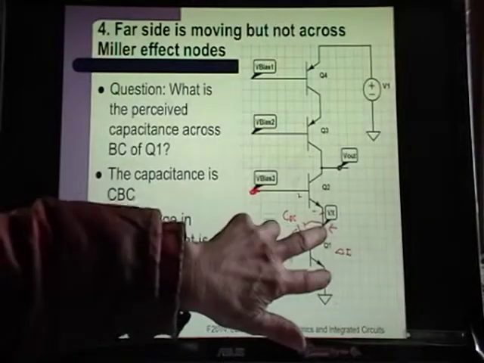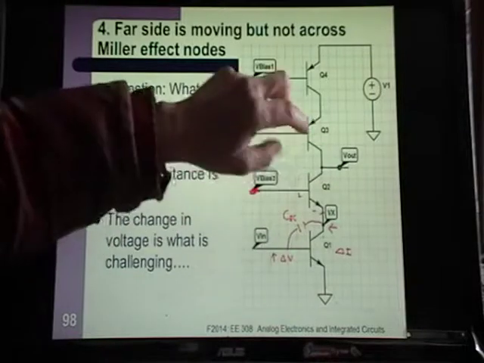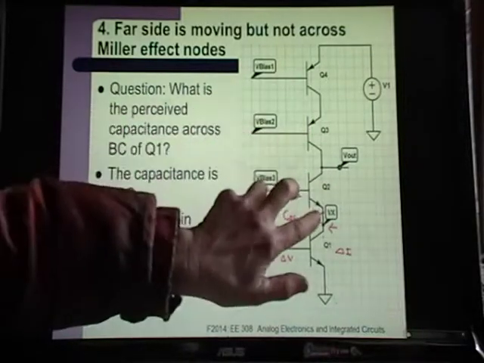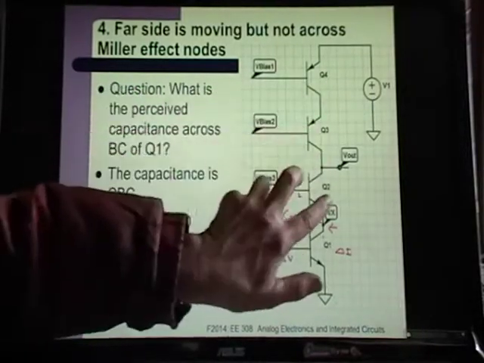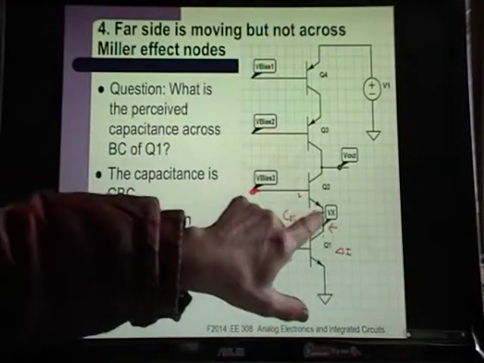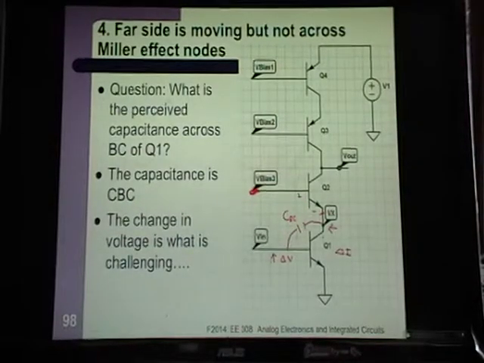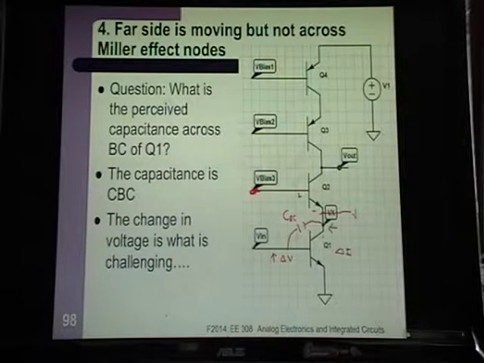Okay? So if you change the current through here, you're changing the current through there. If the base is fixed, now you have to change the VBE to accommodate that new current, which means you have to change the VBE by delta V, which means this node right here has to go down by delta V.